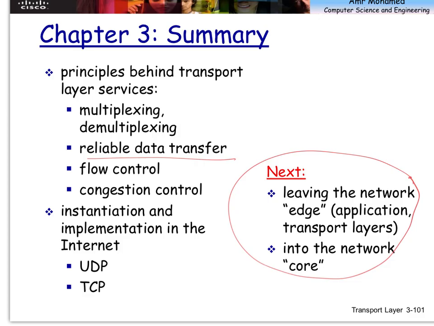How many would you think you would have at any point of time? 10, 20, 100? Big deal. Okay? Let's look at the network. If we want to do flow control and congestion control for every single connection end to end, millions. Can you imagine how many connections we need to handle?